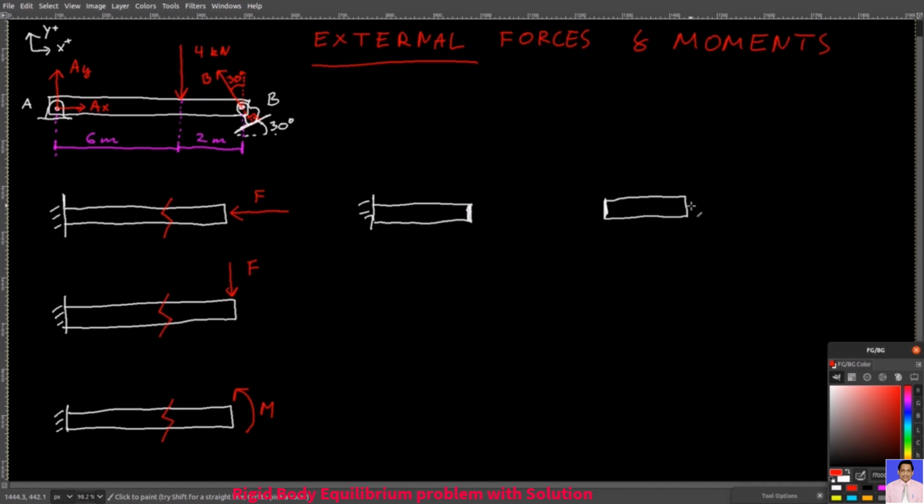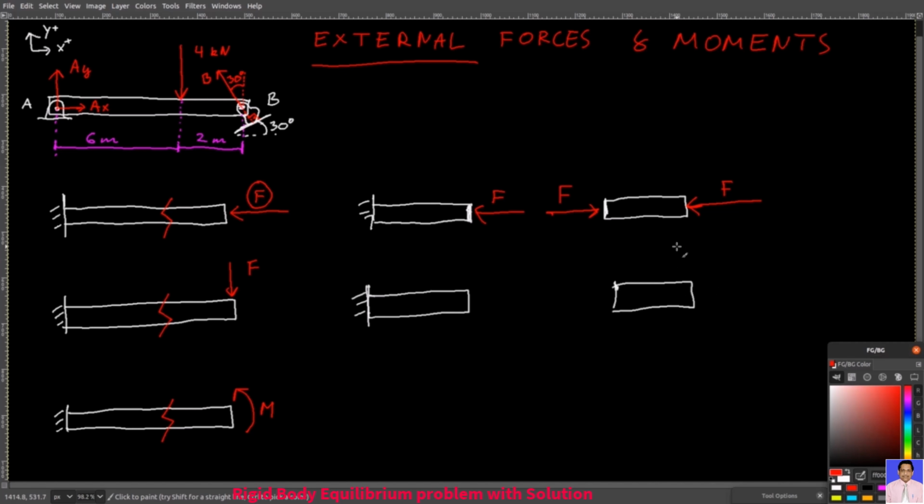In that case, if this is my external force that I applied to the beam, it's this one here, then in order to keep this piece in equilibrium, I have to have the same force here, but opposite in direction. But due to Newton's third law, I need to have the same force here that is opposite to this one here. But they all have the same magnitudes.